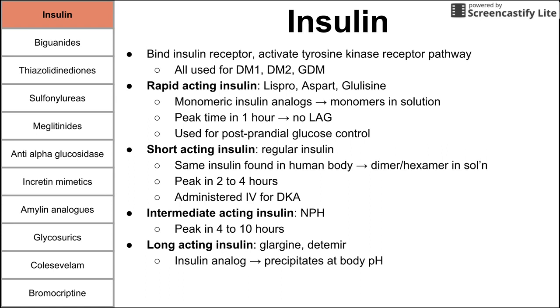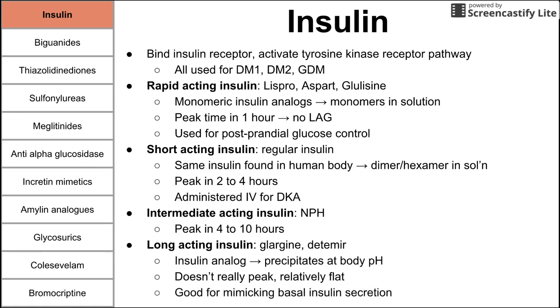Some of them might not even be in solution. So these don't really peak, as I said earlier. They're relatively flat, and because they're relatively flat, they're good for mimicking the basal insulin levels that your pancreas usually secretes. So in people with type 1 diabetes, they might be given a long-acting insulin that keeps up that basal insulin release.